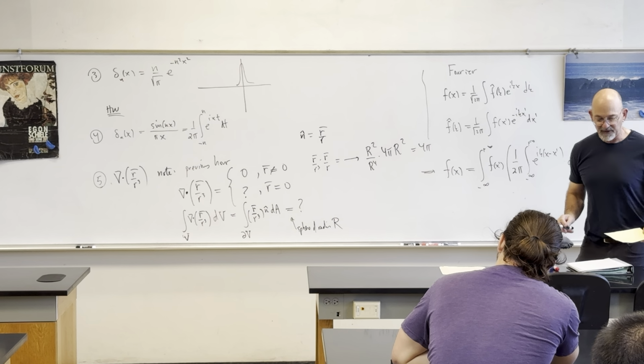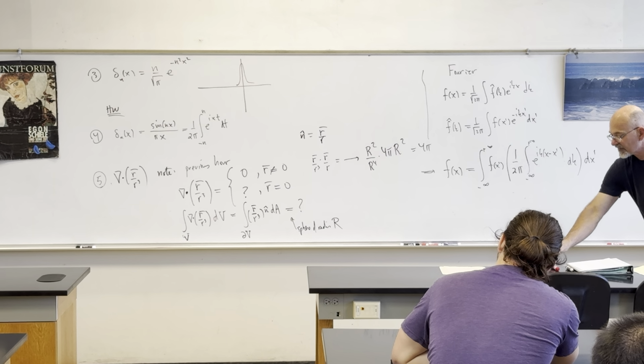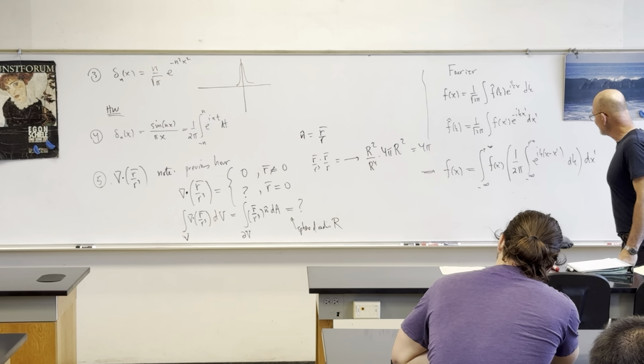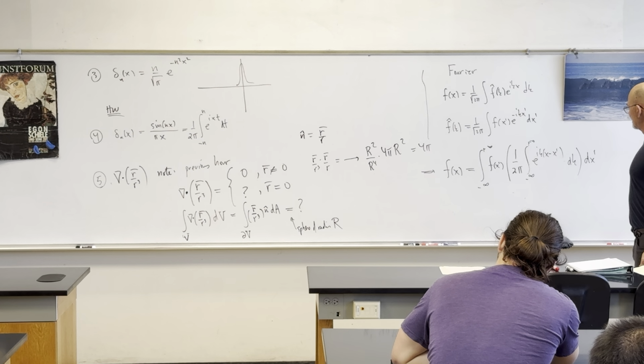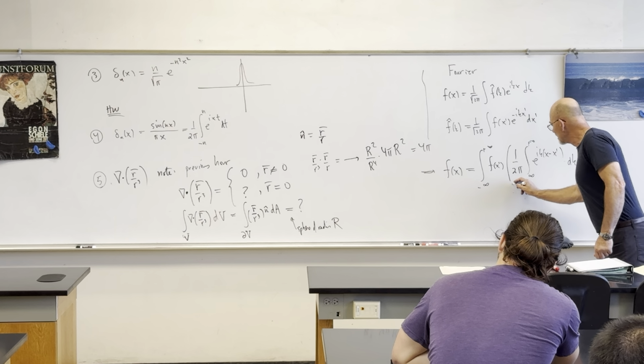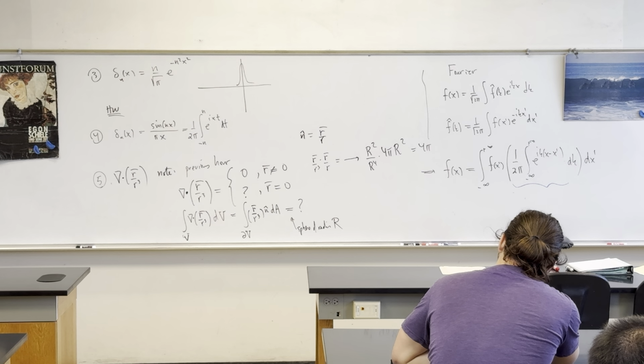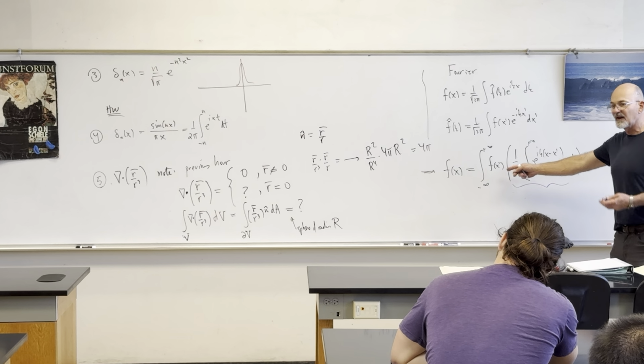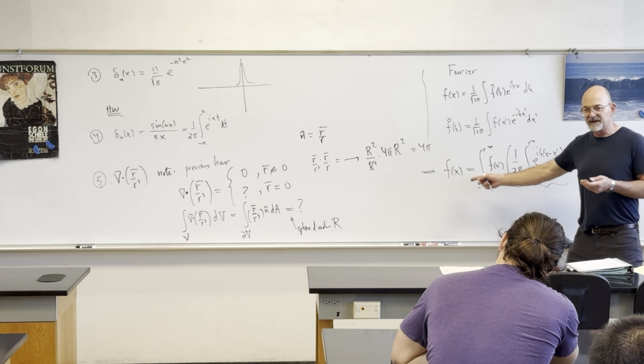So now let's study this one for a moment. We've got f of x on the left side. And what has to come out on the right side? The right side also has to be equal to f of x, because that's what it is on the left side.